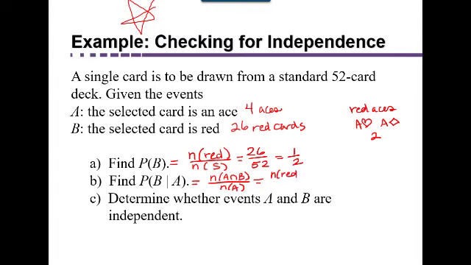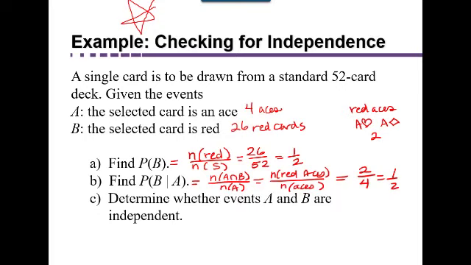This is going to be the number of events in both A and B divided by the number in A. In other words, the number of red aces divided by the number of aces.